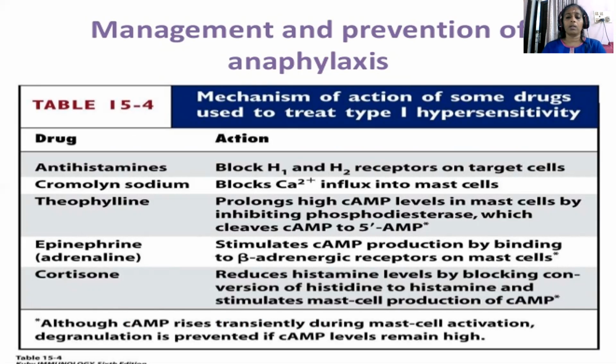Theophylline prolongs the cAMP level in the mast cells by inhibiting phosphodiesterase, which cleaves cAMP to 5-adenosine monophosphate. And next is epinephrine, or adrenaline, which also acts on cAMP production. And next is cortisol, that reduces histamine level by blocking conversion of histidine to histamine, and by stimulating mast cells production of cAMP.